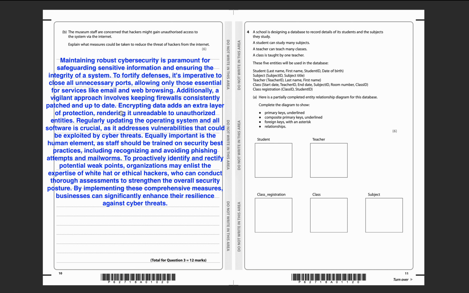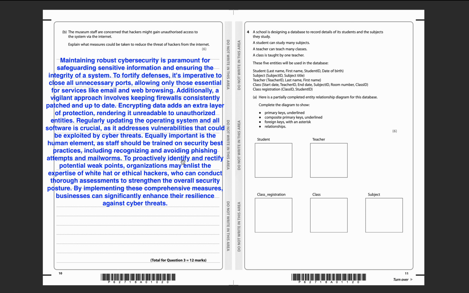Okay, so they need to obviously add the firewall, and encrypting data adds an extra layer of protection, rendering it unreadable to unauthorized entities. Okay, regularly updating the operating systems and all software is crucial, as it addresses vulnerabilities that could be exploited by cyber threats. Cyber threat actually means data theft or something like that. Equally important is the human element, as staff should be trained on security best practices, including recognizing and avoiding phishing attempts and malware.